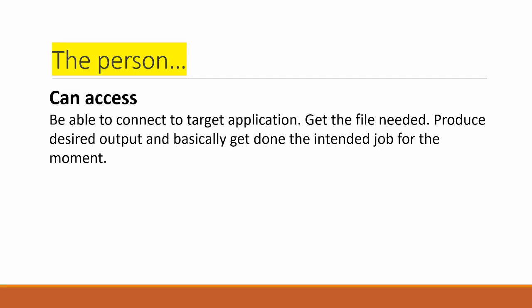Ibig sabihin, kaya mong i-access, kaya mong tingnan, kaya mong makipag-connect sa target application na kailangan mo, kaya mong kunin yung files na kailangan mo, at kaya mong gumawa ng gusto mo or sarili mong output para matapos yung trabaho na yun or yung pinapagawa sa iyo.